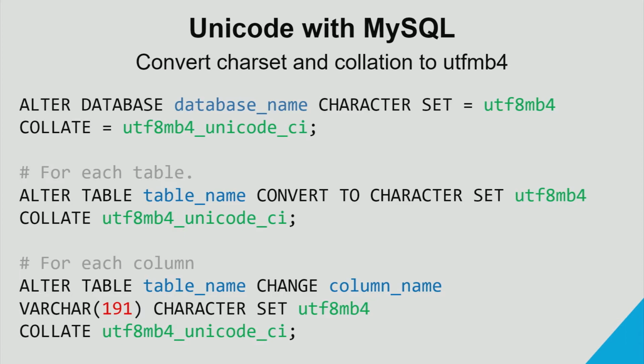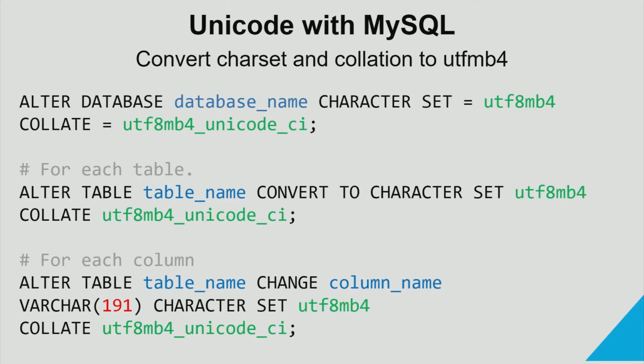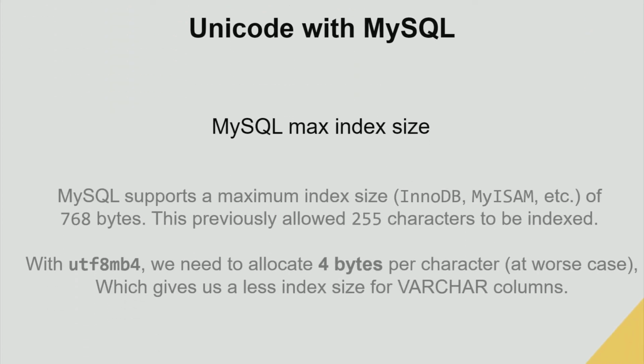But keep in mind we use 191, because if you know about MySQL indexes, there's a limitation on the number of bytes you can use in an individual index, and the limit is 788. Because we use 4 bytes now instead of 3, you have to make sure that your columns can contain these values. So if you have a column that uses 255 characters, you probably can't change this back.